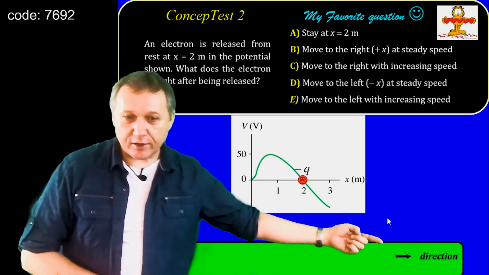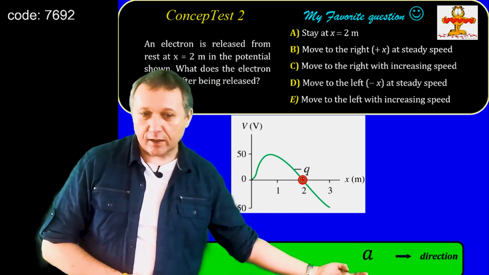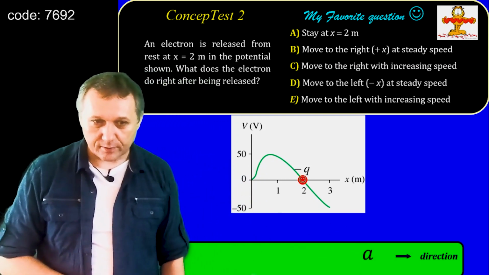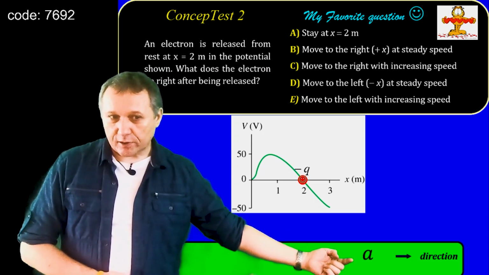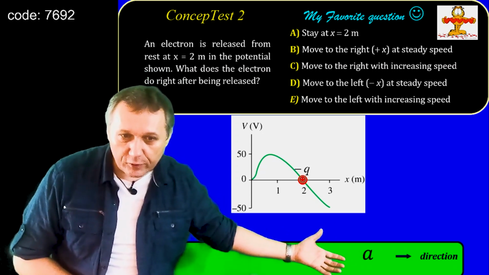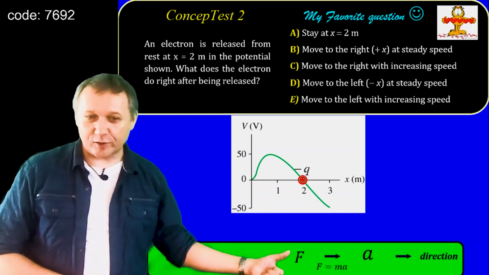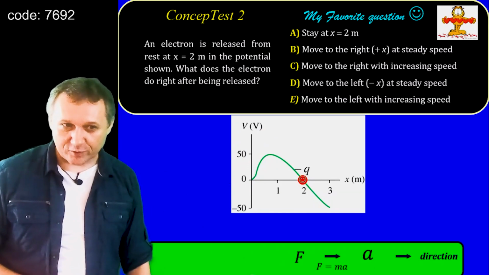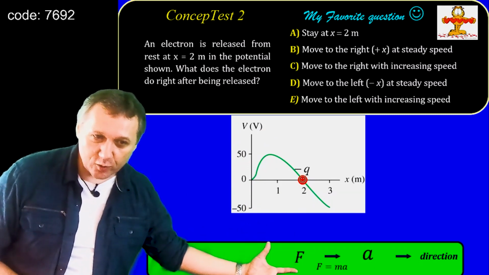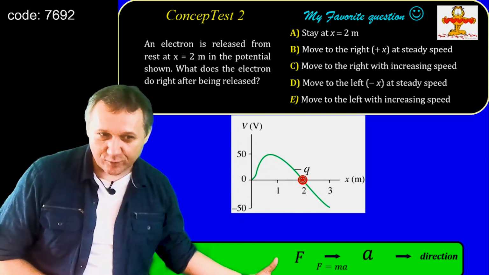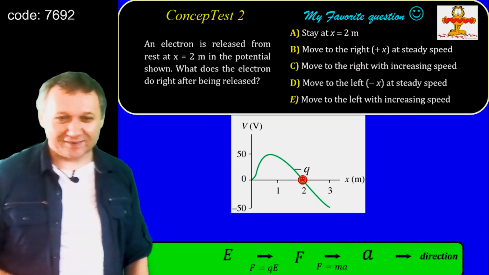In order to get information about direction, we need information about acceleration. How can we get it? Newton's second law, from the force. Force is electrical. What do we need to know to get the electrical force? The electric field, F equals QE.